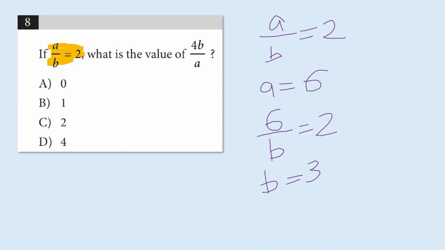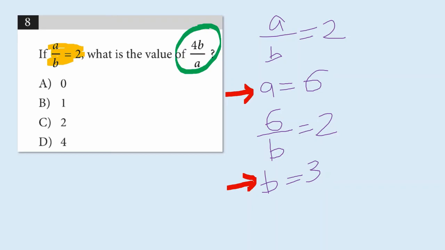So look at what we have now. We've got a is equal to 6 and b is equal to 3, and that makes the equation true. A over b, 6 over 3 is equal to 2. So now they're asking me, what would 4b over a be?